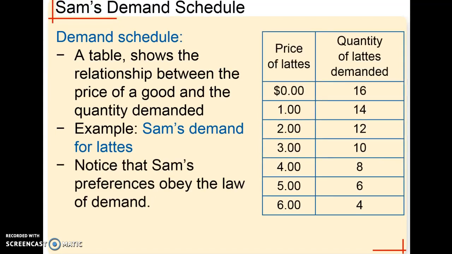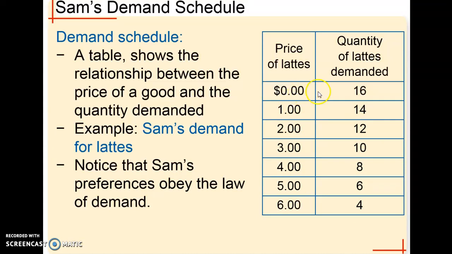So we're going to look at a demand schedule for lattes. Here we're just looking at one individual, whose name is Sam, and Sam's preferences obey the law of demand. As you can see, the quantity of lattes demanded gets larger as the price gets lower.